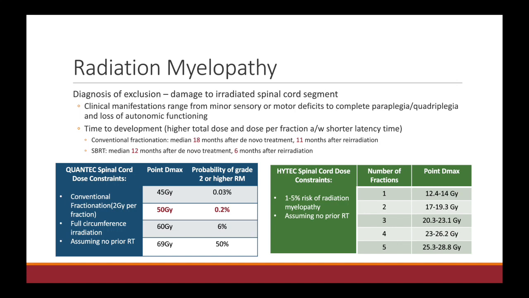It's super, super important when you're doing radiation plans for the spinal cord to always ask the patient if they've had prior radiation, and also to fuse the prior plans if you have access to them so that you can calculate a plan sum and know in total what the spinal cord is receiving.